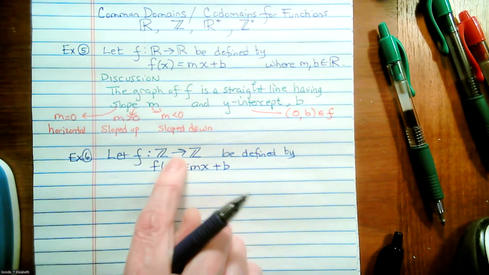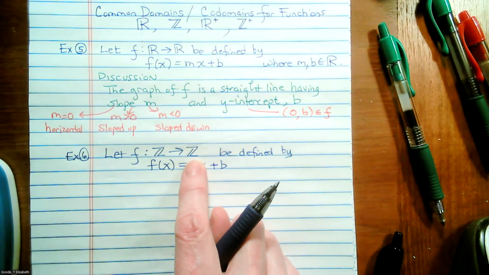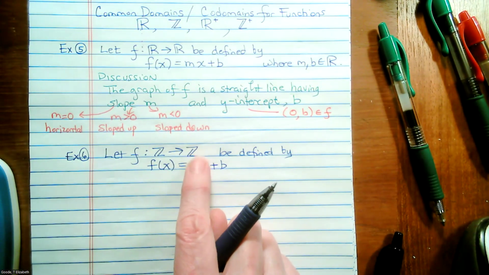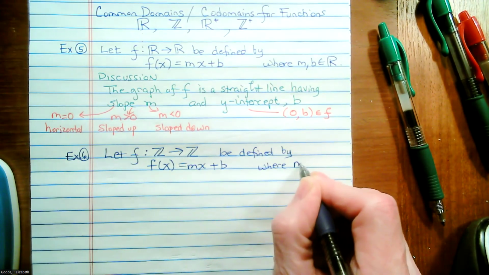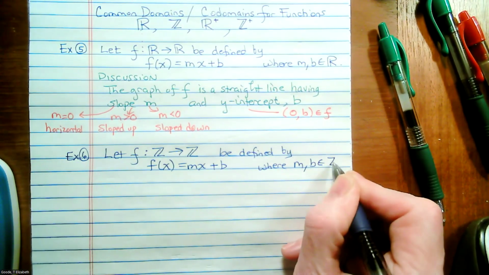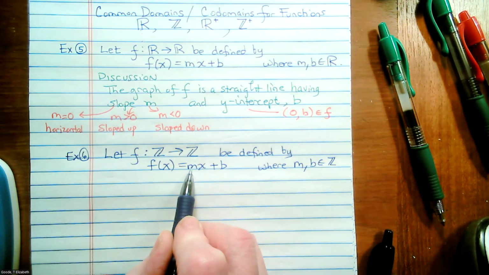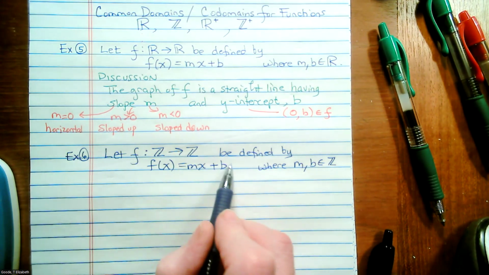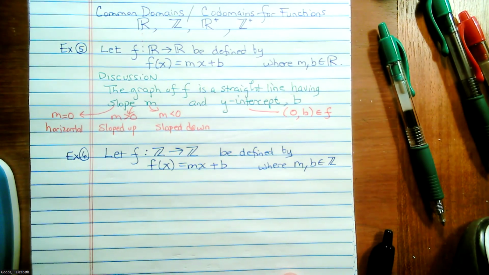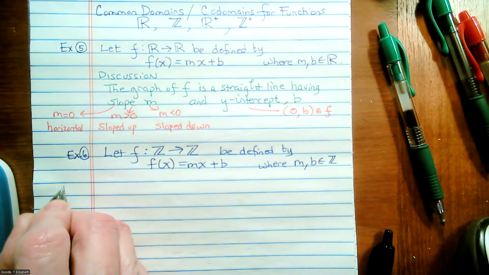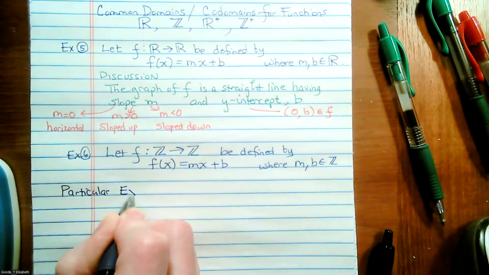And here, because I want the actual outputs to be integers, we're going to make sure that m and b are integers. And if x is an integer, which it will be because the domain is Z, and m is an integer, and b is an integer, we know that f of x will be an integer because sums and products of integers are integers.